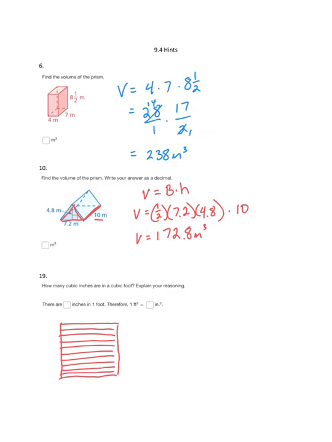I ran out of room here. 3, 4, 5, 6, 7, 8, 9, 10, 11, 12. We'll pretend that that's still a foot, so that's 12 that way. And then vertically, I'm going to divide this into 12 equal parts too.